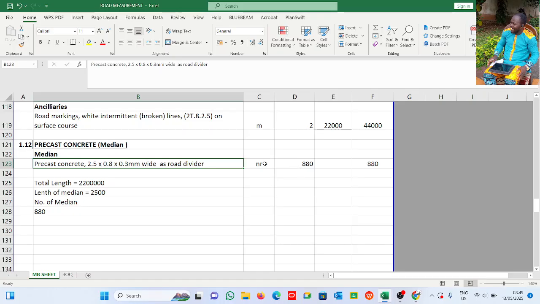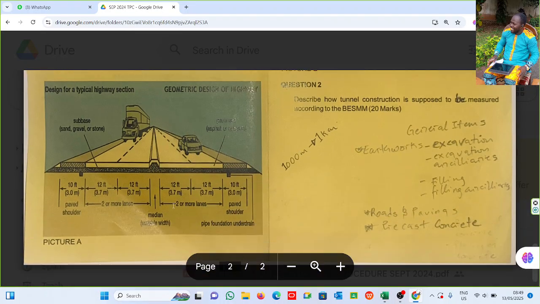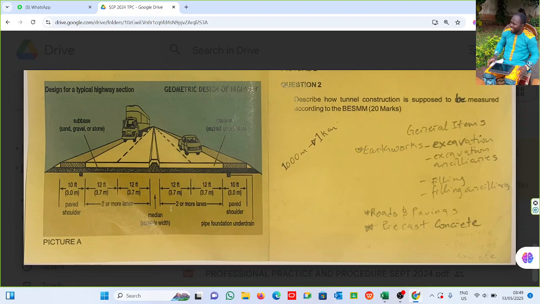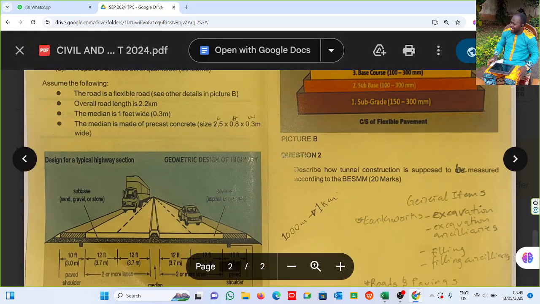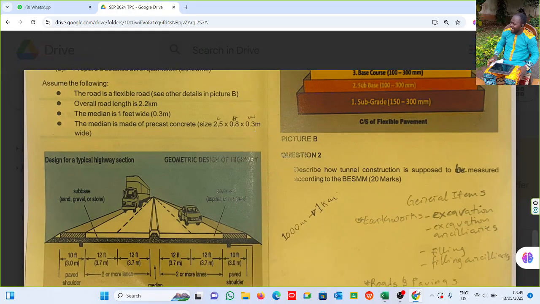Alright, so how many numbers? See it here, 2.5 by 0.8 by 0.3. Where it is precast, 2.5, and we have a total length of 2,200 meters.